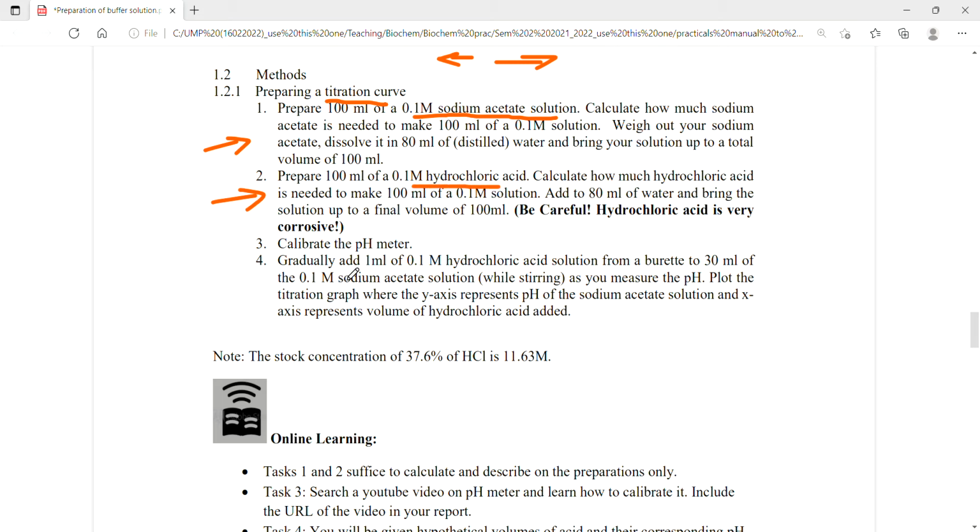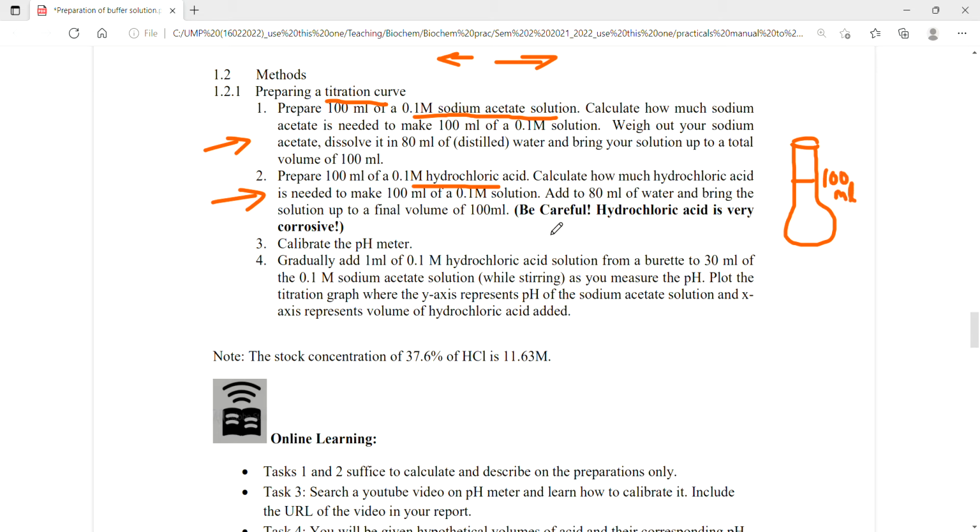Again, please look at how to prepare it and let me know in your report, assuming you already prepared it. But make sure for the preparation part, you use a volumetric flask. Find out what a volumetric flask is. It has a meniscus, say it is 100 ml. There are various types of volumetric flasks.